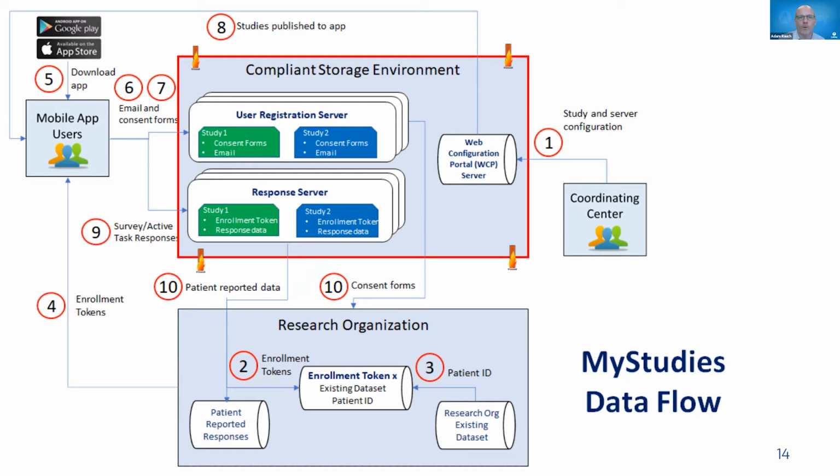As a research organization, you assign those to your prospects, your participants, and distribute those. And then those participants can, if they choose, download the mobile app, and they can then enroll using that token.